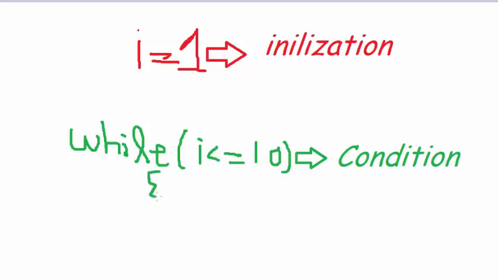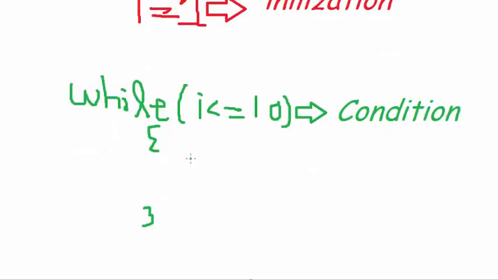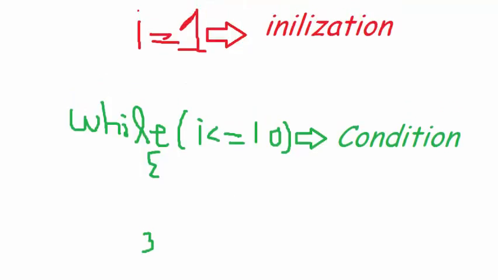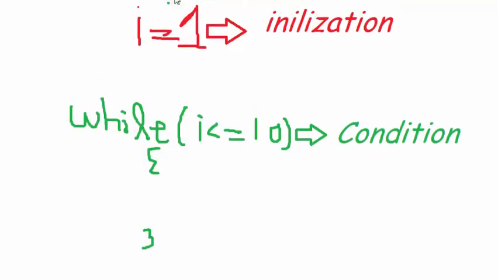We have to write the statements inside the while loop's body, and the body comes in delimiters, meaning that we have to write anything inside the delimiters, and that's the body of the loop. So what happens is that we write our statement. For example, if you want to print numbers 1 to 10, as you know we have initialized i equals 1, while i is less than or equal to 10, the condition.